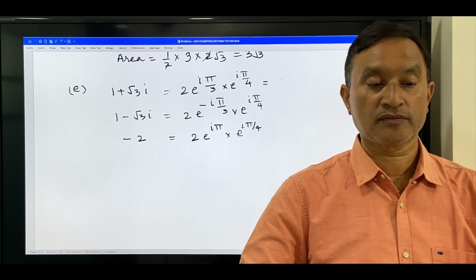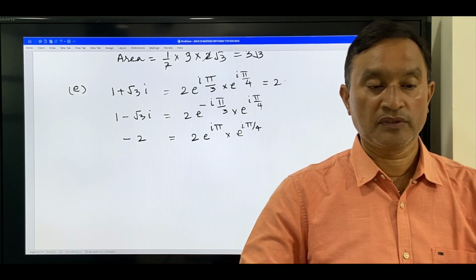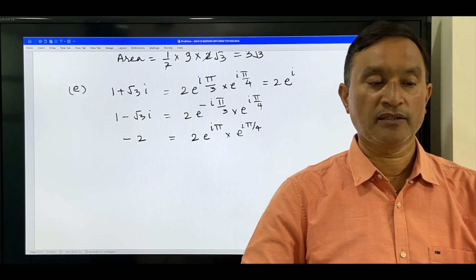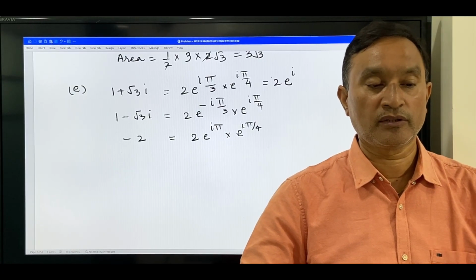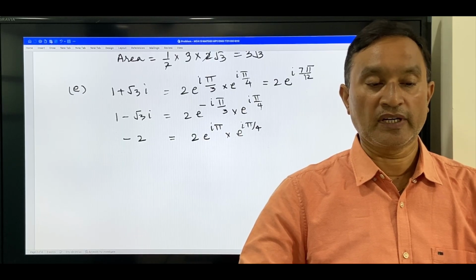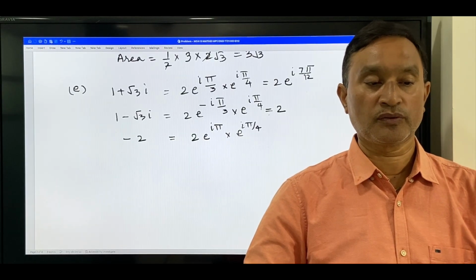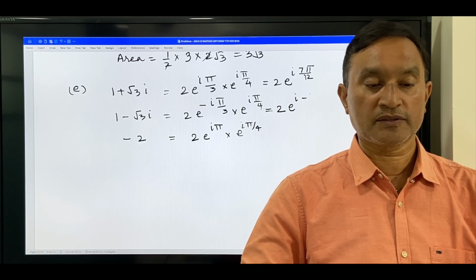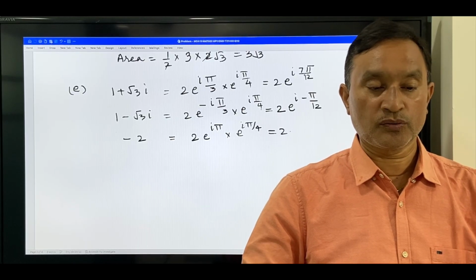And the answer would be 2 e to the power i. Now we will add the powers here, so that would be 7 pi by 12, equal to 2 into e to the power i minus pi by 12, equal to 2 into e to the power.